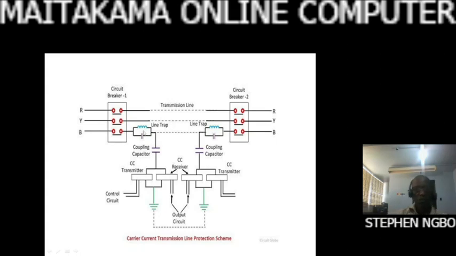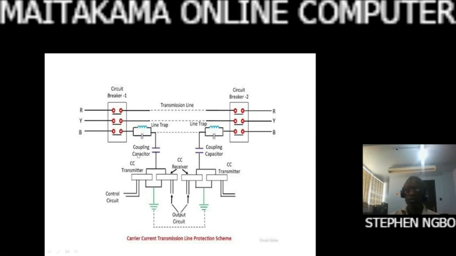So the coupling capacitor is an LC parallel network. This one connects the channel equipment to the line as said earlier and separates it from the high voltage of the transmission line, restricting the current of the power line to flow through the conductors, and the carrier current signal is restricted to the carrier channel.